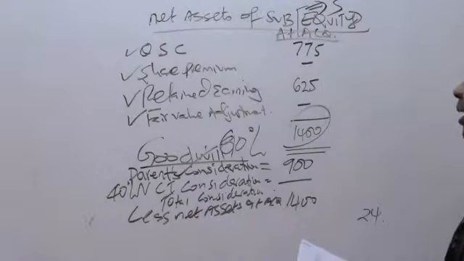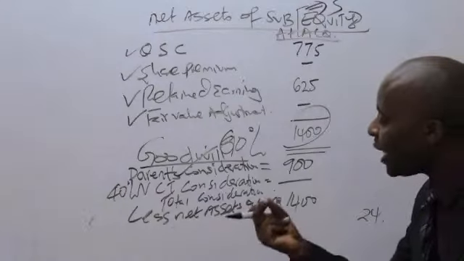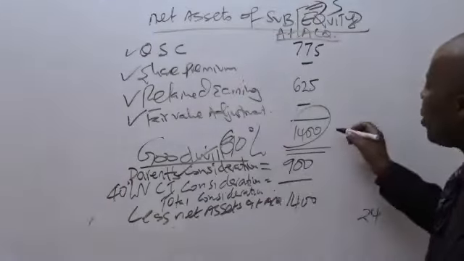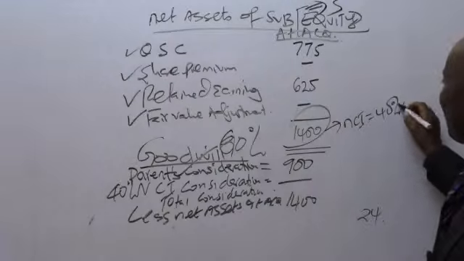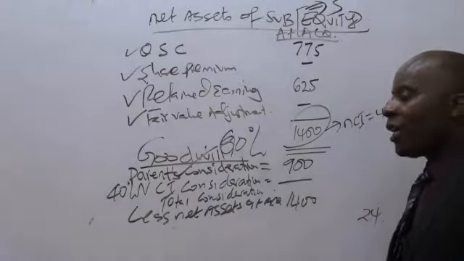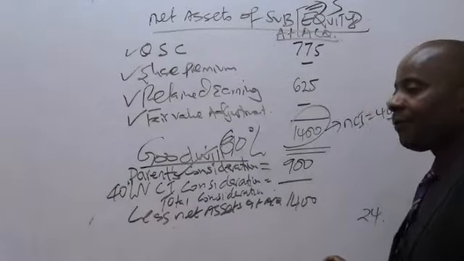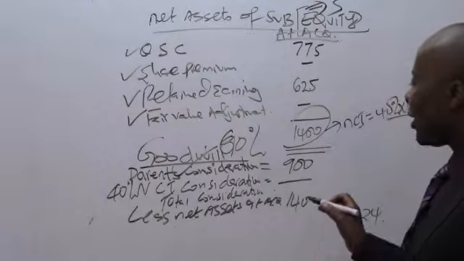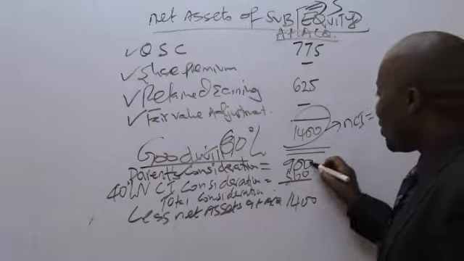So it means that for NCI we are getting their proportion of net assets, which will be 40% of 1,400. That will give us what figure, somebody? I want NCI's proportion of net assets. Wananiambia wote ni 560.